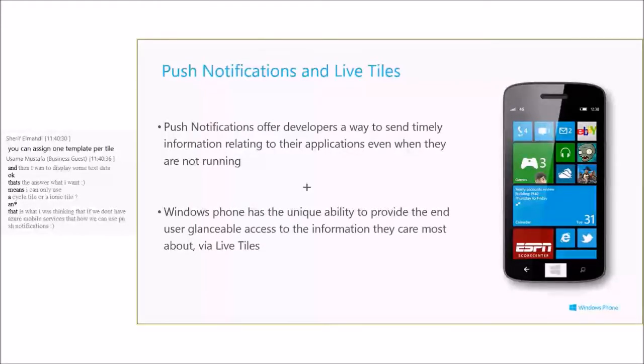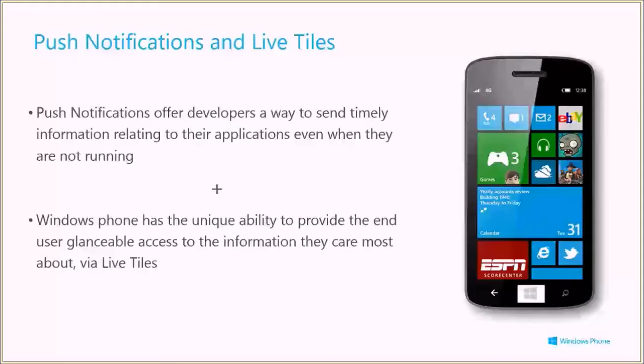The notifications that we covered earlier in the session, we did locally, right? We did that through the coding part. What about when you're getting a message, or an email, or you're having a chat application like WhatsApp? You have to get this application updated, right? So that's the use of push notifications. It offers developers a way to send timely information related to their application even when it's not running.